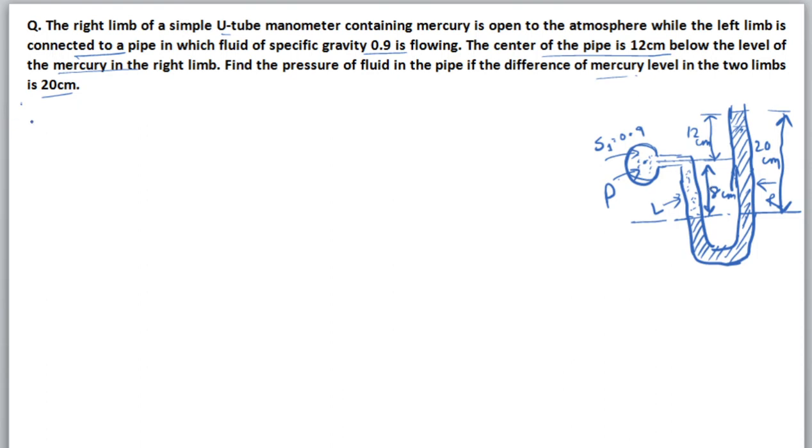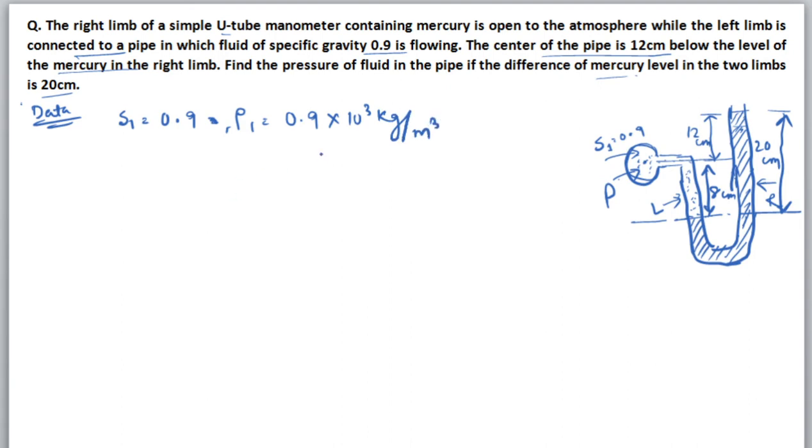So let us calculate. Just write down what data is given. The specific gravity of the liquid flowing through the pipe is 0.9. I am taking the light liquid as 1 and the heavy liquid as 2. The heavy liquid is here mercury. Specific gravity is 0.9, so the density of that liquid will be 0.9 into 10 to the power 3, as 10 to the power 3 is the density of water.